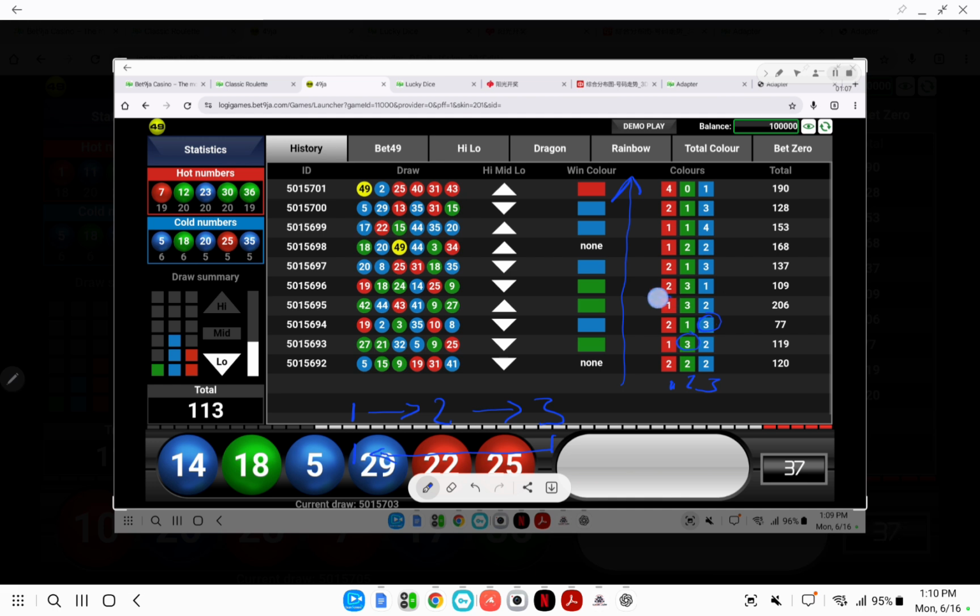We traded for this and did not make a win. Since we did not win here, the next one we're expecting is at this point, which made the win. Then the next one is to appear on this point, which made the win. So automatically we are expecting it to appear here again, and it did not appear, so we wait for it to appear. The next time it appeared, it happened here. Since it happened there, where we are expecting it to appear is here next, and it appeared.